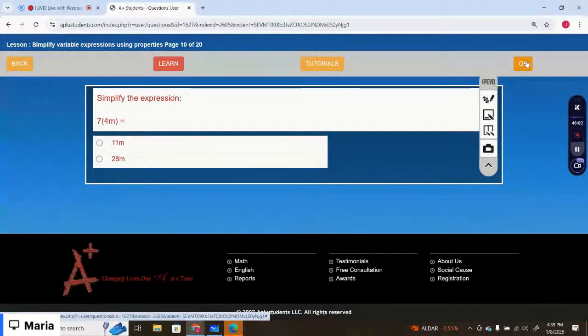Seven times 4m, which is the correct option? That is 28m. Option number 2 is the correct option.